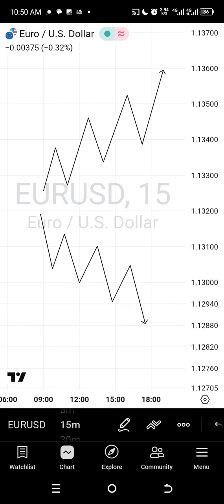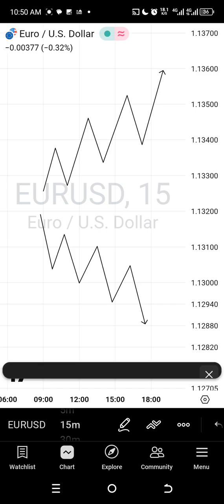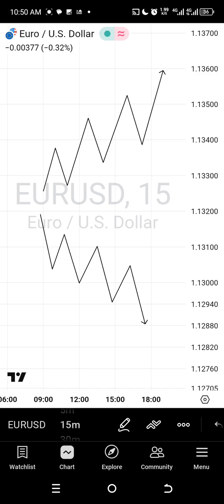This is bearish market structure. When we have bearish market structure, it simply means that sellers are in control of the market, and the bullish one means the buyers are in control.